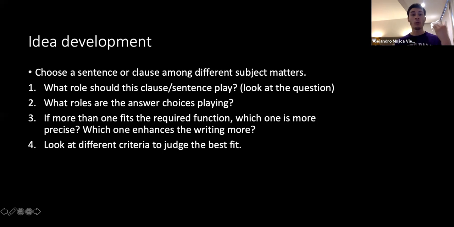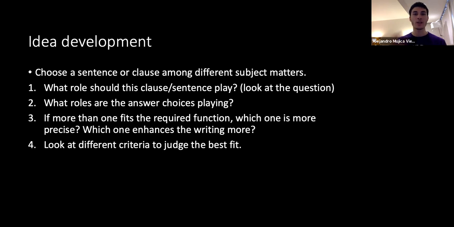And what roles are the answer choices playing? You try to find that fit between what they're supposed to be playing and what the answers are playing. And if more than one fits the required function, which one is more precise? Which one is more straight to the point? Which one enhances the writing more? You look at different criteria to judge the best fit.